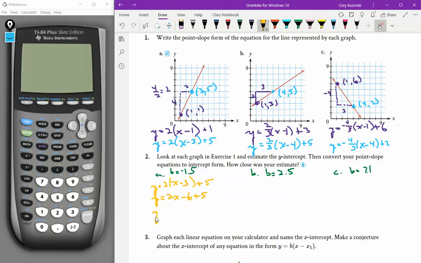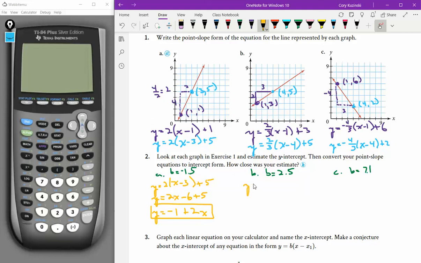And then we'll combine like terms, and -6 plus 5 is -1. I guess I made it too difficult in that I estimated -1.5. It was -1.